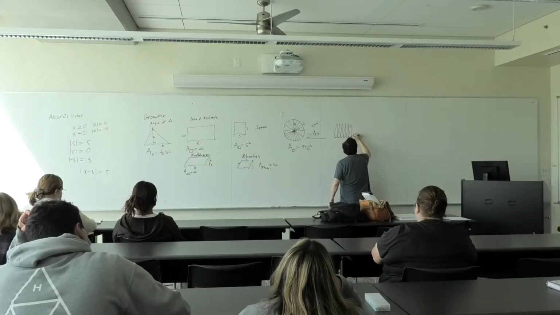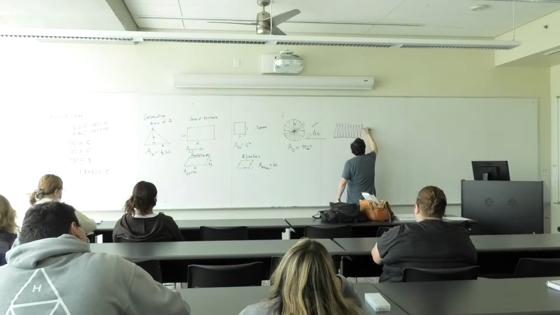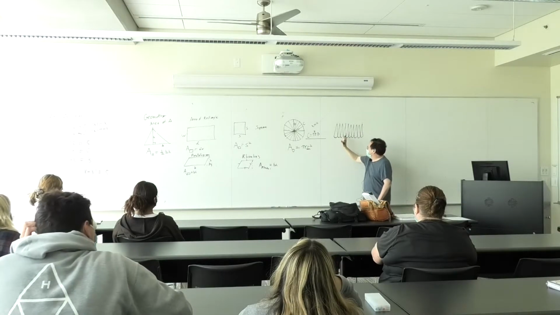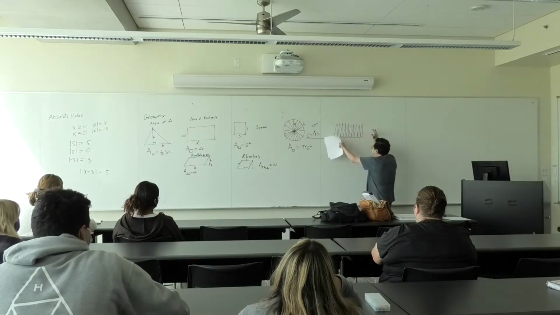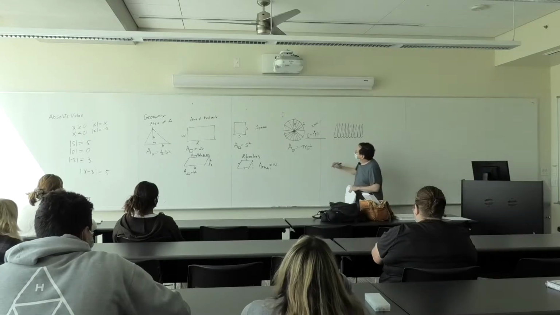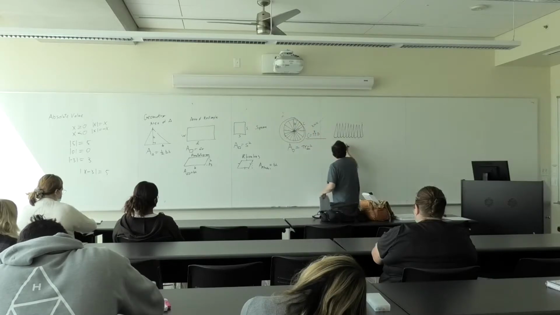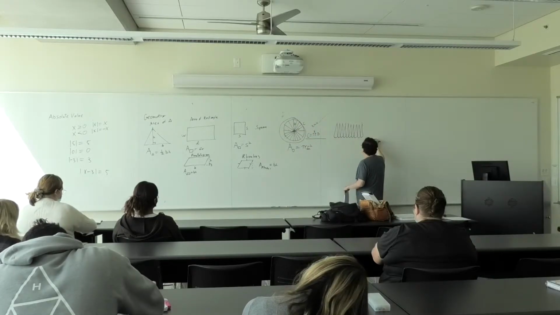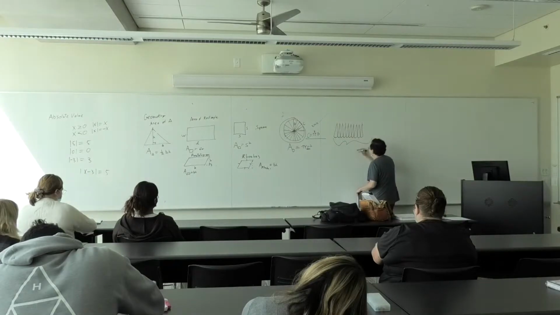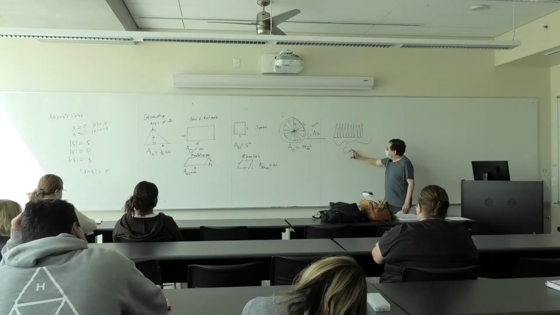I could keep going, cutting this and stretching it out. Eventually these little curves would flatten out. They get more and more like a straight line, the equivalent of unraveling this. So this length would get to be about the length of the circumference.